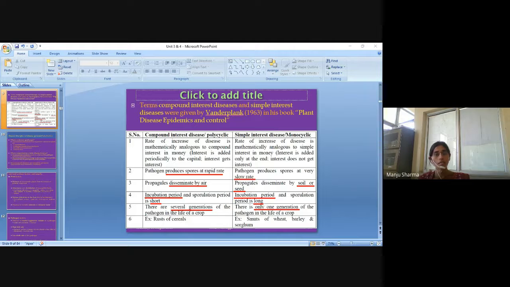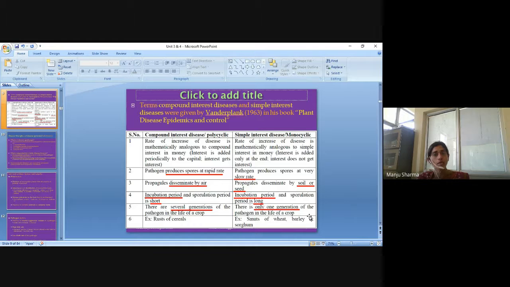In polycyclic disease, the incubation period and sporulation period are short, while in monocyclic disease, the incubation period and sporulation period are long.